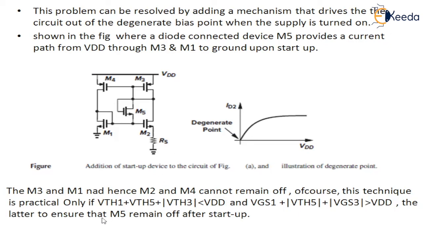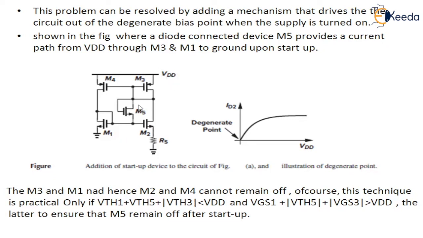This technique is practical only if the threshold voltages of transistors M1, M5 and M3 are less than VDD, because we are considering that the supply is on during startup, and the threshold voltages of these devices should be less than VDD. Also, VGS1 plus the threshold voltage VTH5 plus VGS3 should be greater than VDD.